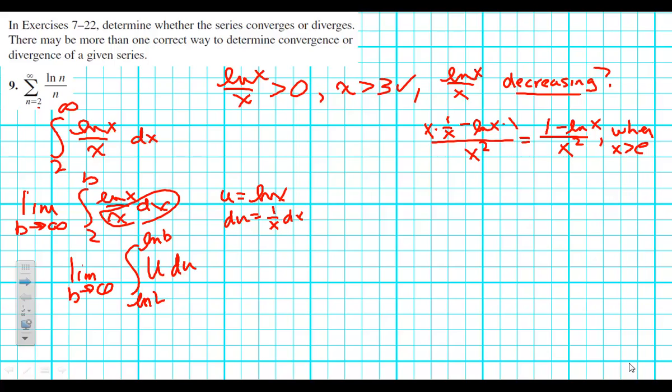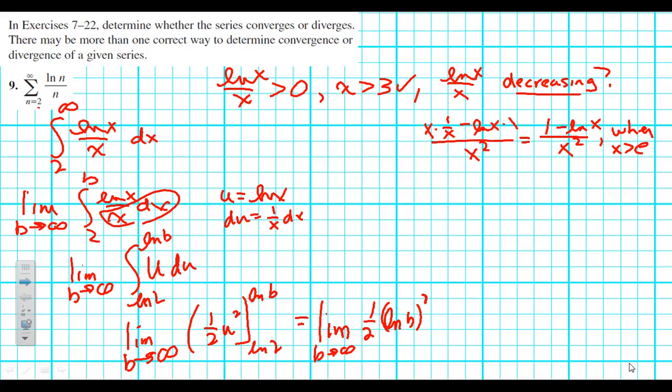So we've got the limit as b goes to infinity, and I've got to take the antiderivative of u: 1/2 u squared evaluated from natural log of 2 to natural log of b, which is equal to the limit as b goes to infinity of 1/2 natural log of b squared minus 1/2 natural log of 2 squared.